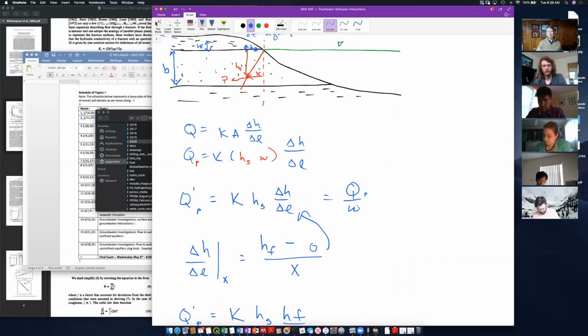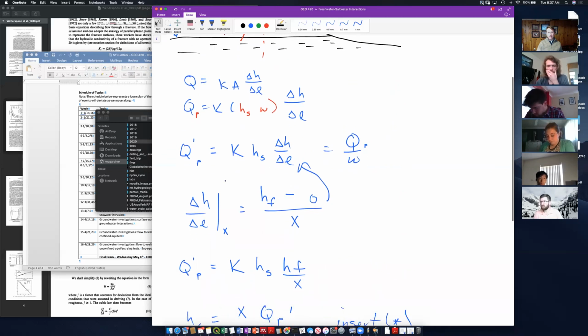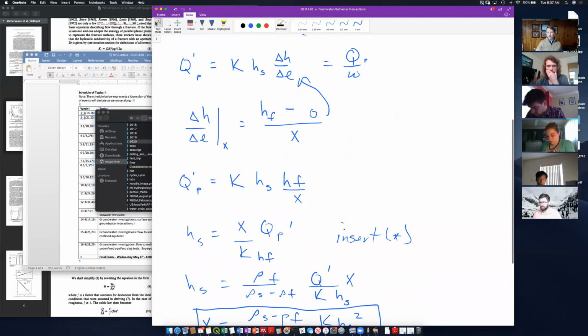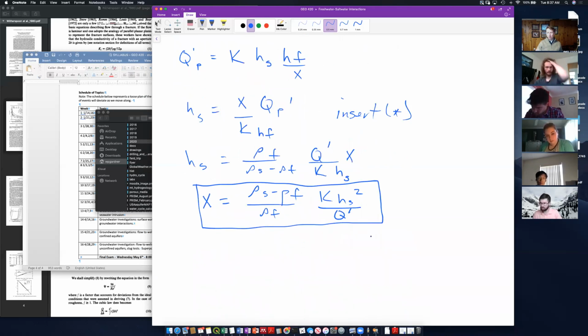If I was to go 100 meters below sea level, I know how far inland my interface will be. And it's a function of the groundwater flow through our aquifer.